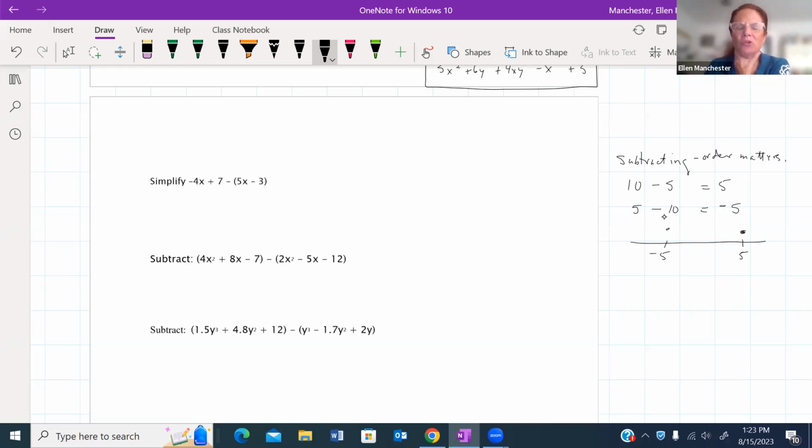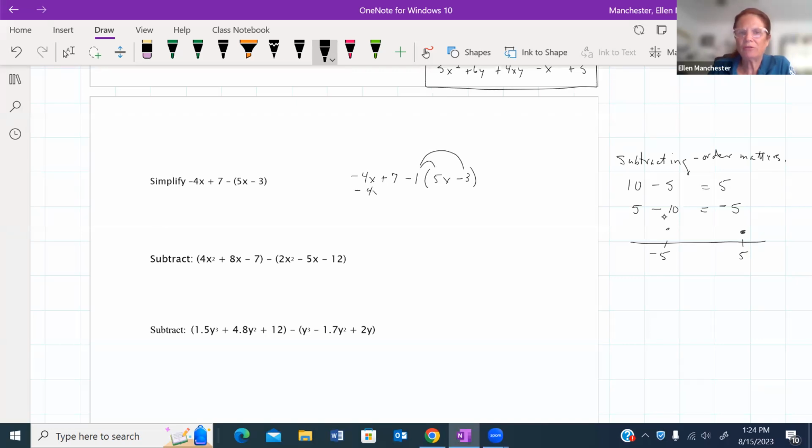So when we're subtracting and we have parentheses, you have to remember that this negative in front of the whole set of parentheses means I am multiplying that whole set of parentheses by -1. So I can rewrite this as negative 4x plus 7 minus 1 times 5x minus 3. Then I distribute that -1 through.